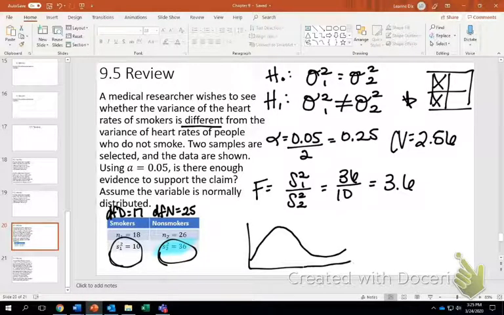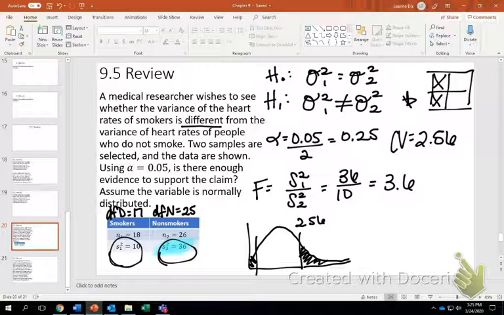It's skewed, remember. Because it is skewed, I know that my 2.56 is going to be right around here. And so if I were to shade in my piece, it'd be here. And really there's shading going on over here as well, because it's a two-tail.